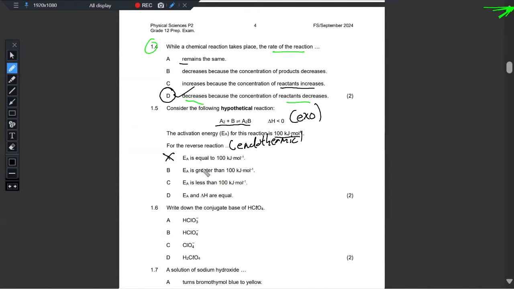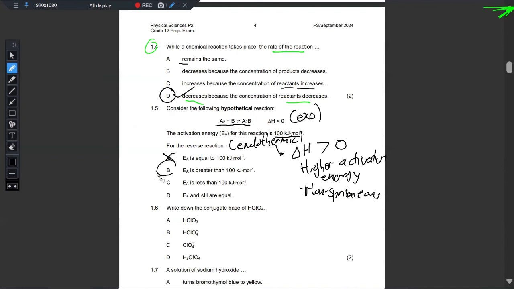And then will the EA be greater than 100 kilojoules per mole? This one would have to be correct, because with an endothermic reaction, we know that our enthalpy change is always greater than 0. And also it has a higher activation energy because it is a non-spontaneous reaction. Endothermic reactions are non-spontaneous, meaning they need additional heat and a higher activation energy.